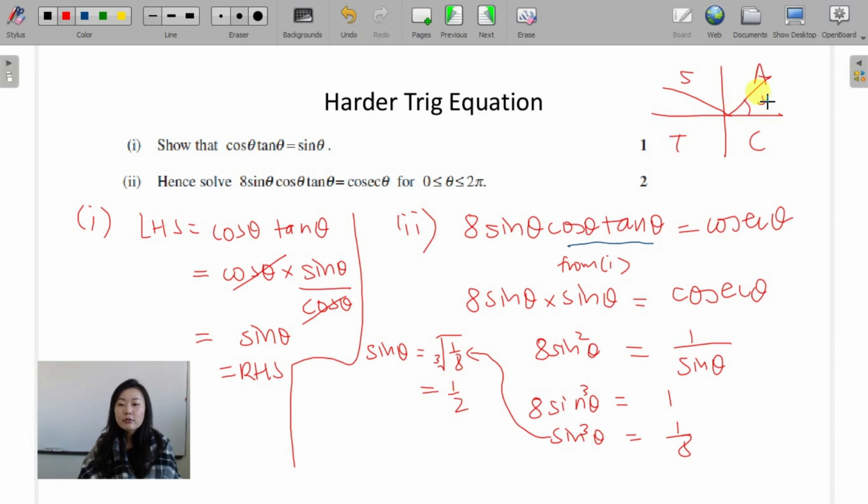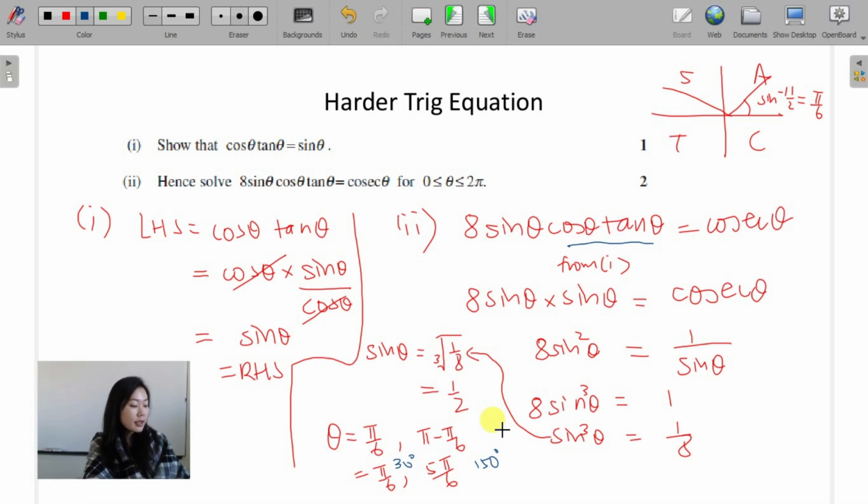You can work out your reference angle by putting into the calculator inverse sine a half, which is 30 degrees, pi on 6. So theta equals the first quadrant answer, pi on 6. Second quadrant answer, pi minus pi on 6, 5 pi on 6. That's the answer in radians. And if you want it in degrees, that's 30 degrees and 150 degrees.